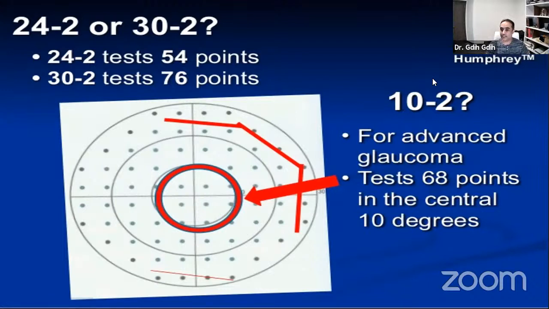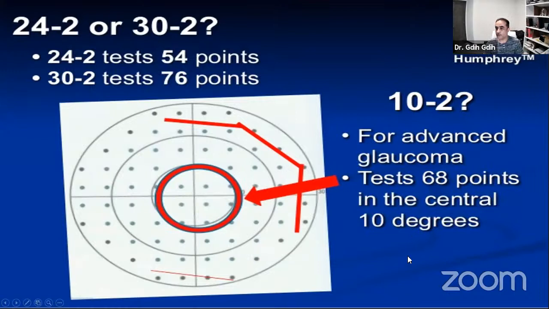And similarly, the central 10-2 tests about 68 points. Now you may wonder, how could 24-2 test fewer points and give you a wider range of area tested, versus 10-2 testing more points but a smaller area?